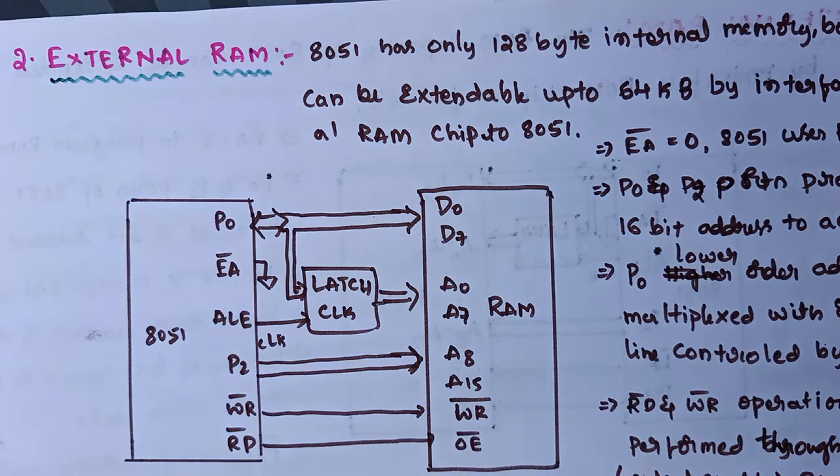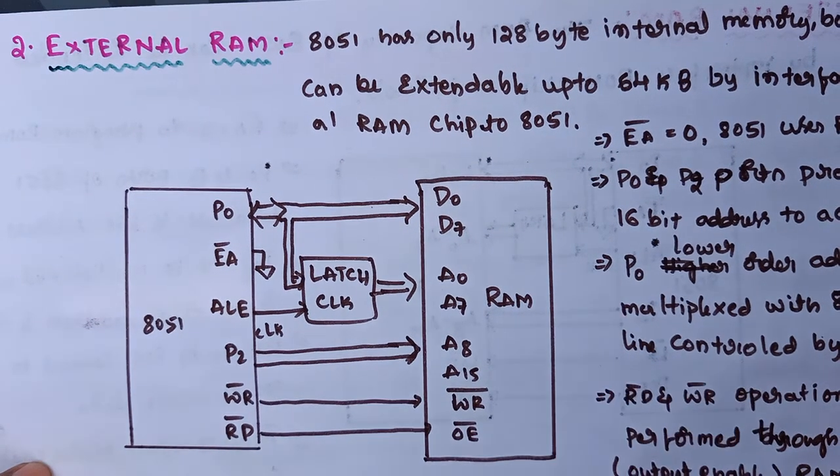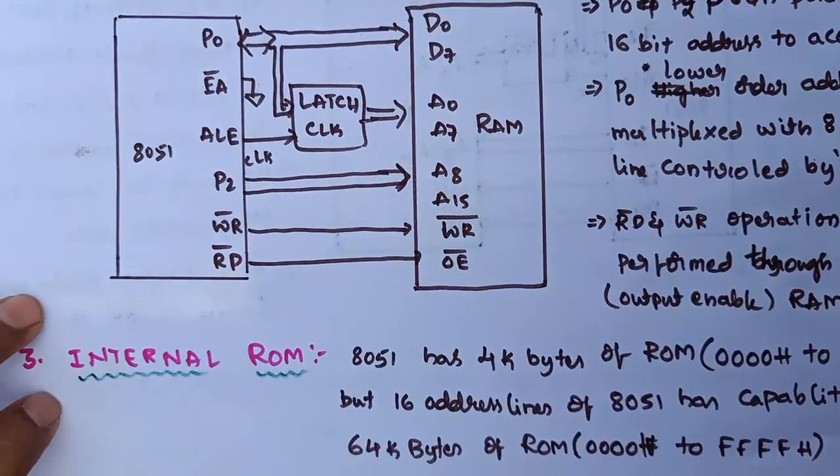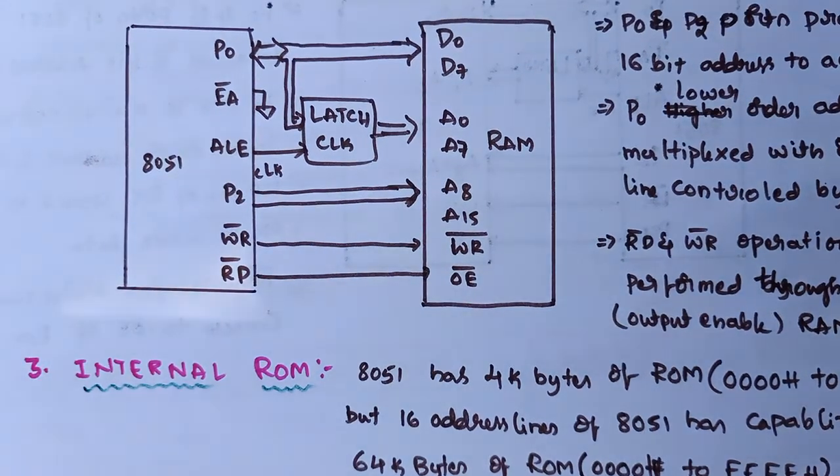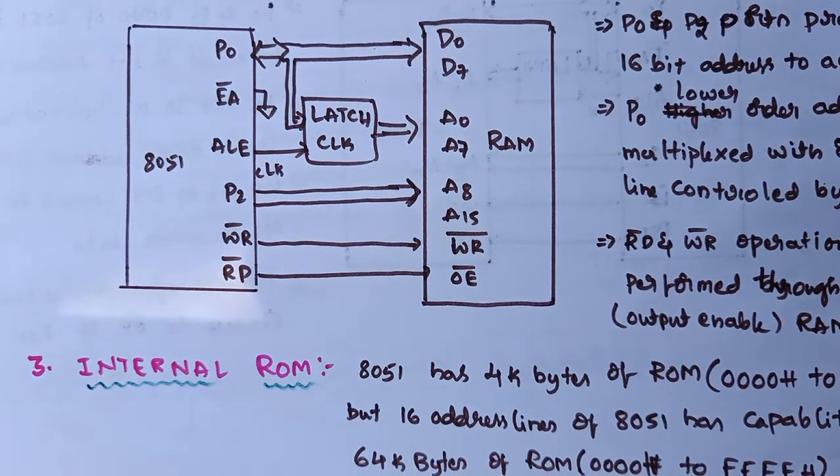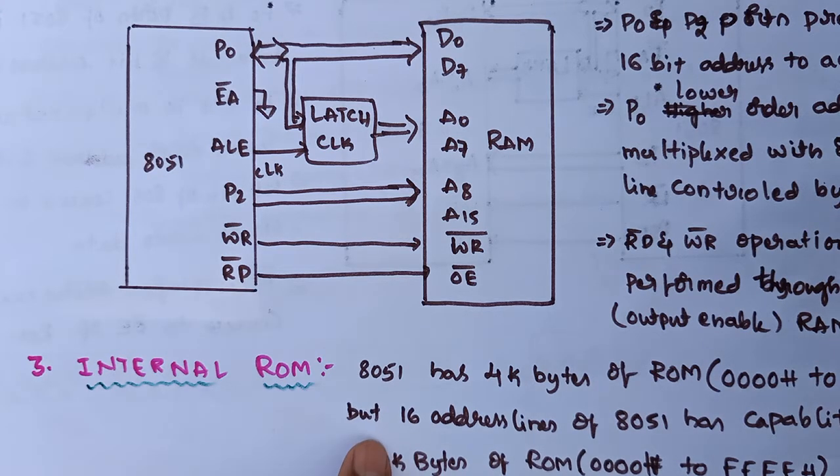Now that we have discussed the RAM, we move towards the internal ROM structure of 8051. As we know, the 8051 has 4 KB of ROM, that is, we can access the 0000H to 0FFFH locations in 8051 ROM.